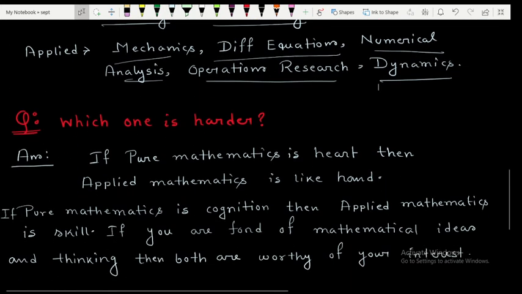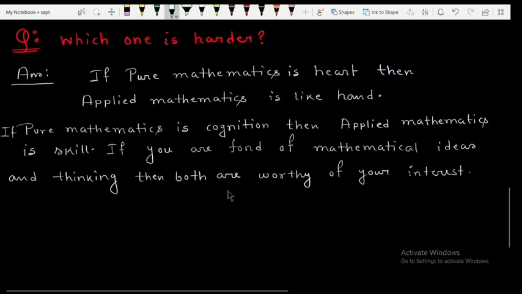Now the final question arises: which one is harder? It is a very vital question. Many students think that pure mathematics is much harder and applied mathematics is much easier, and so applied mathematics has much more scope in the research field. But in my opinion, it is purely my opinion, if pure mathematics is the head, then applied mathematics is like the hand.